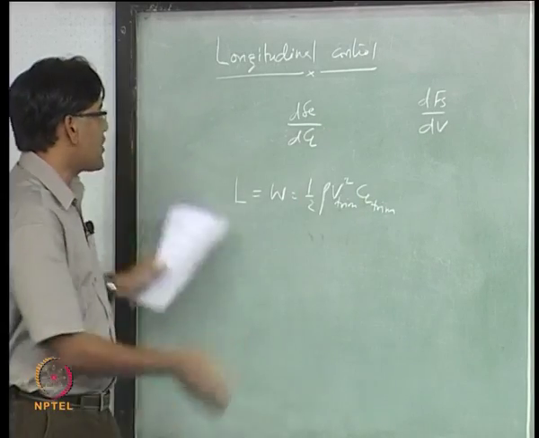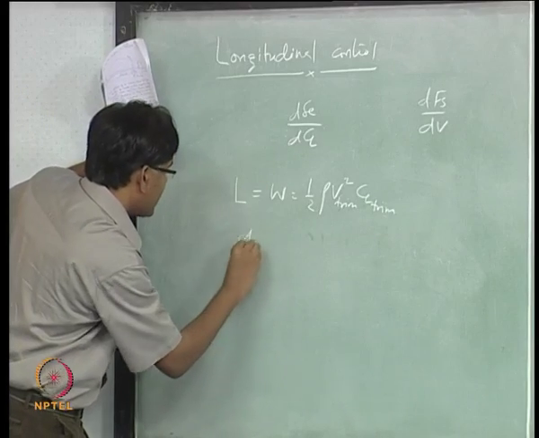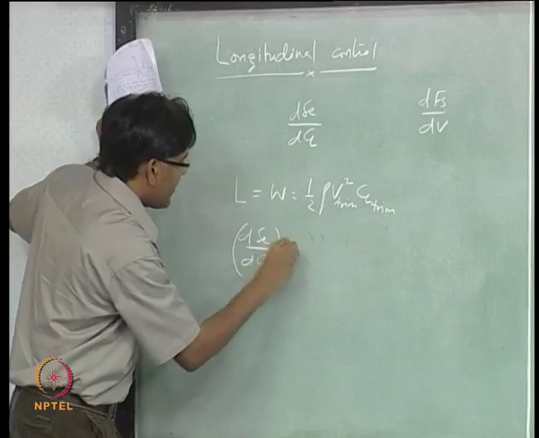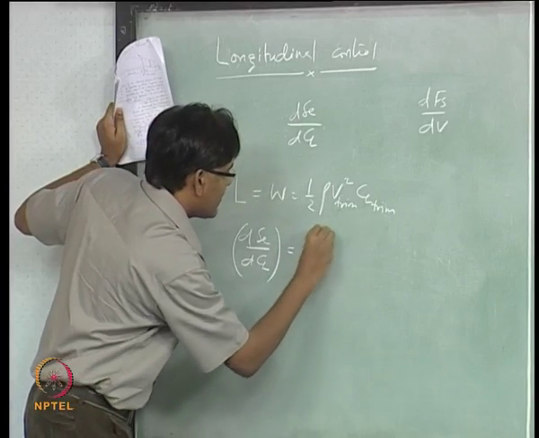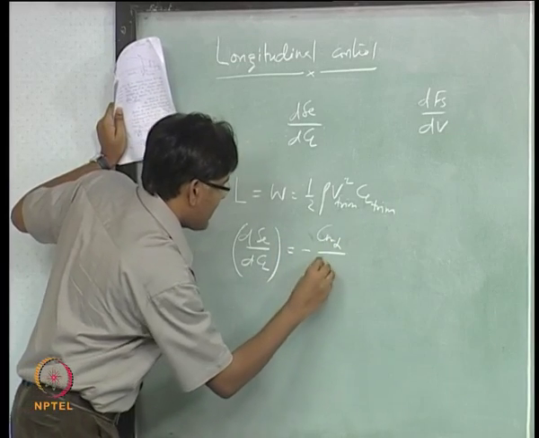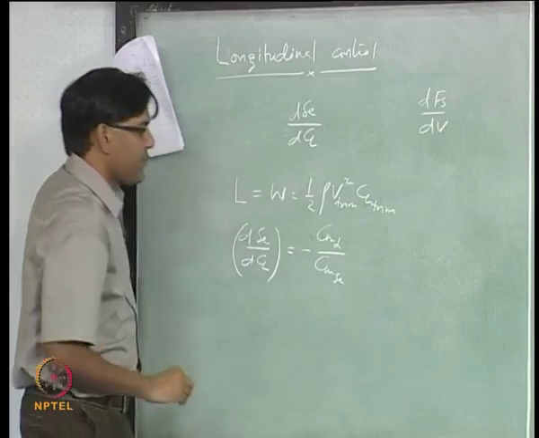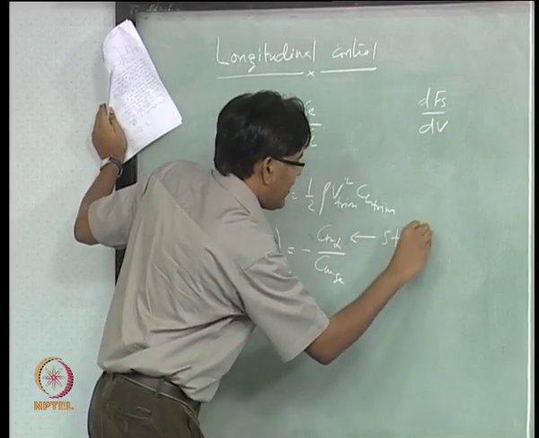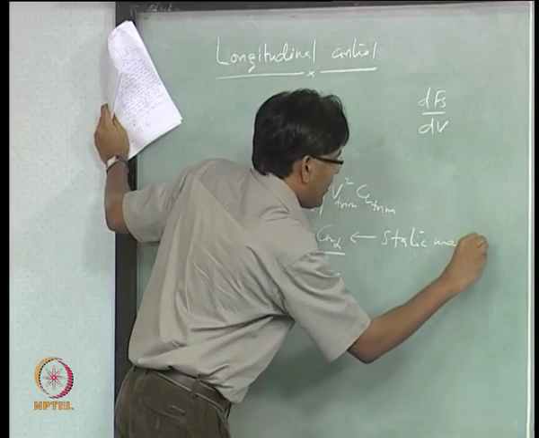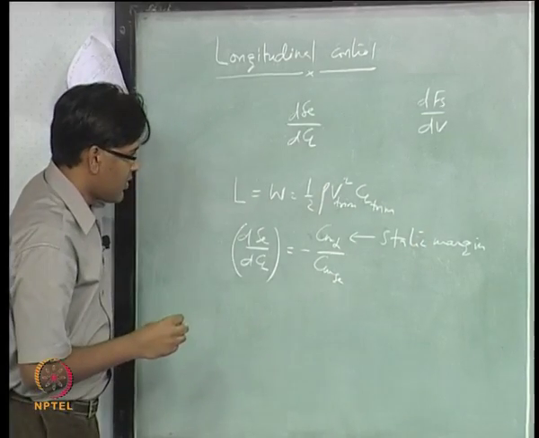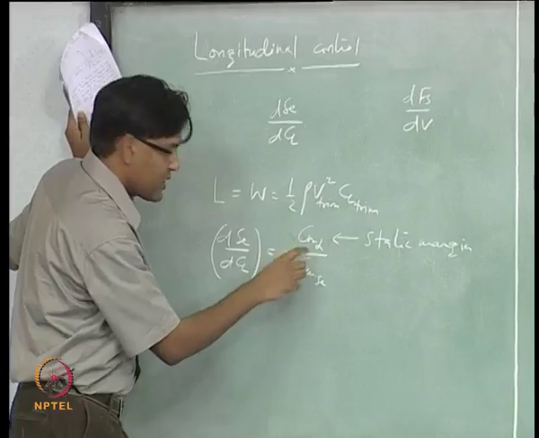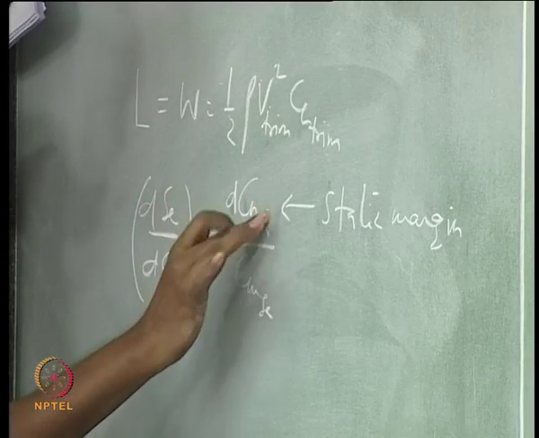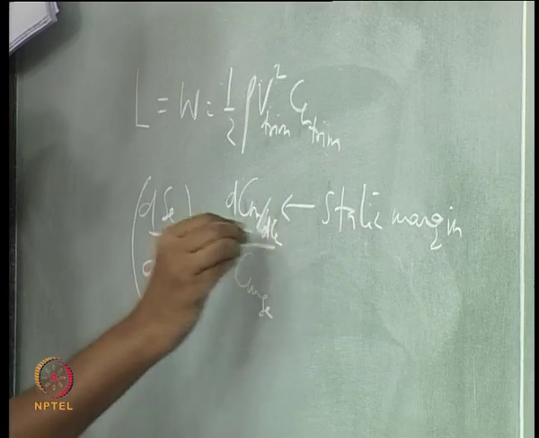right? And if you remember, we said that this is related to the static margin, or probably this is dCm over dCl, right? Okay.